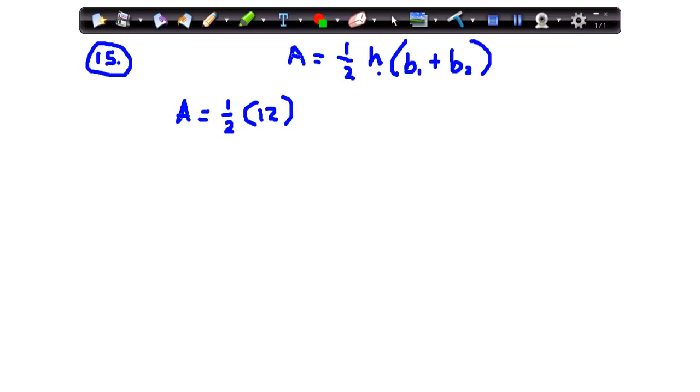So let's put that: base 1, 10, plus base 2, which is 15. And it's equal.